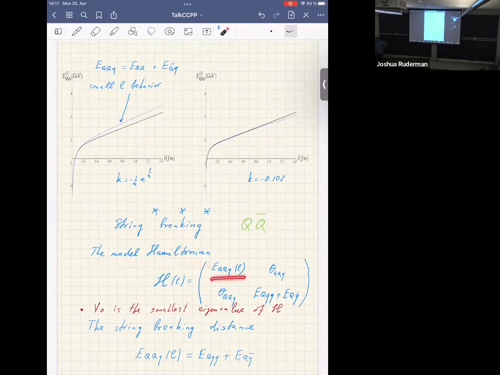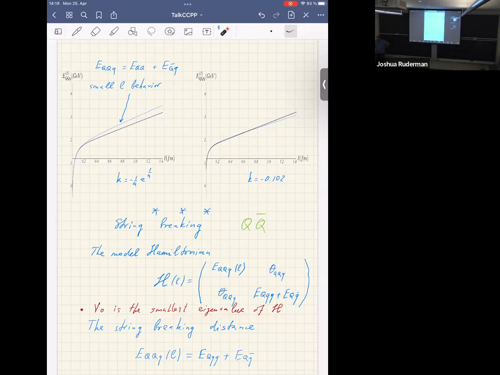So the diagonal terms are given by the energies of string configurations, but there are non-diagonal terms. It's a kind of superposition for this two-state system. And off-diagonal terms describe mixing between these two configurations. So the potential is just the smallest eigenvalue of this model Hamiltonian.